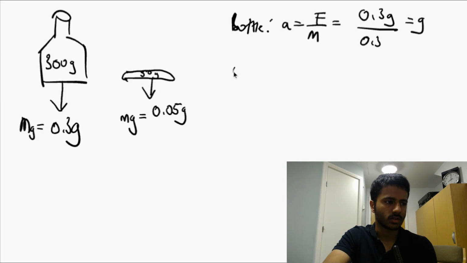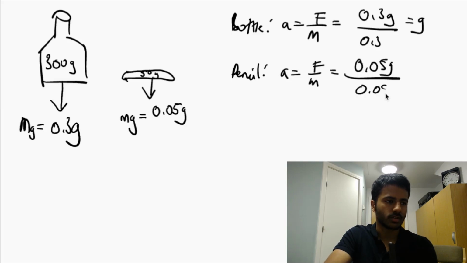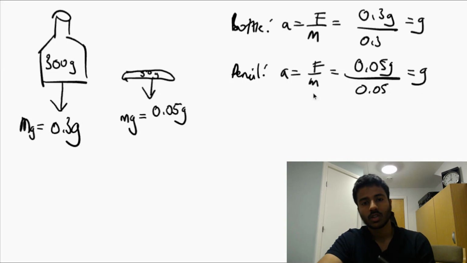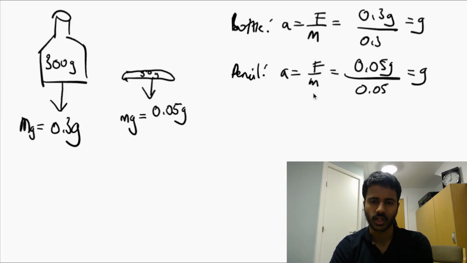And for the pencil, we get a equals F over m, which is 0.05 g over the mass, 0.05, which is also g. So they have the exact same acceleration, which is why they both dropped and fell at the same time. Now there may have been a slight discrepancy due to air resistance, but in the ideal case, if this was done in a vacuum, they would both fall and hit the floor at the exact same time.